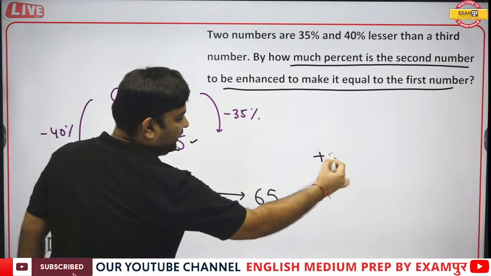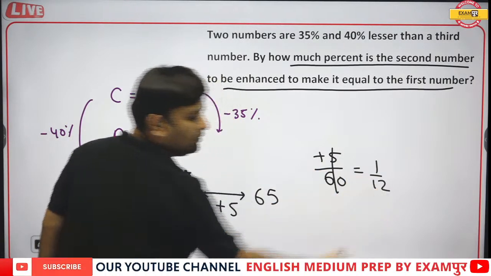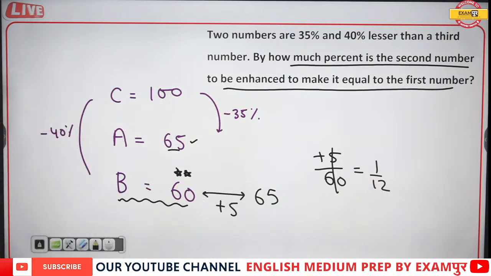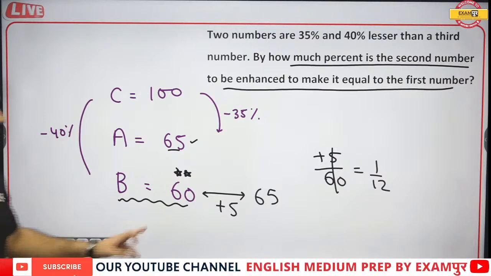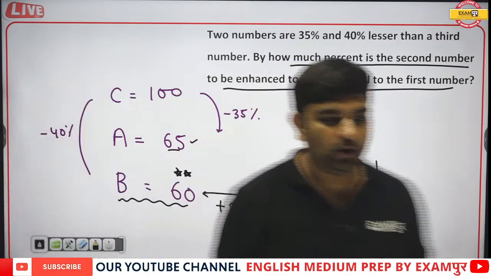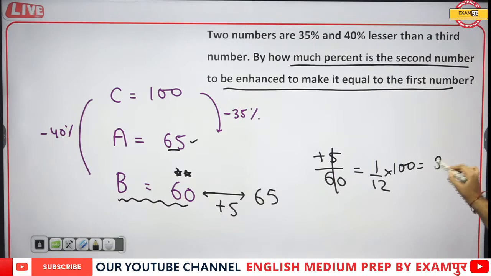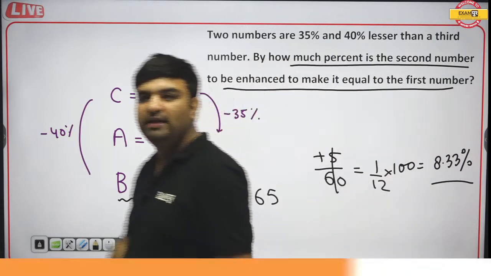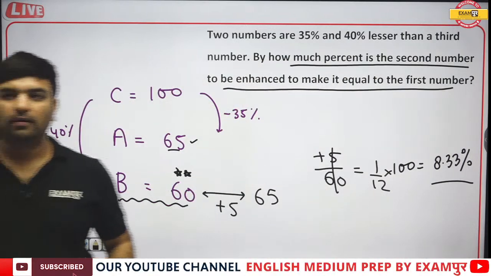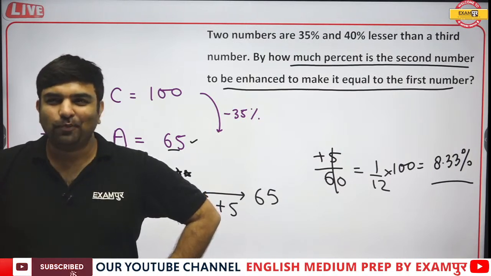The increment of 5 over 60 is 1 by 12. Convert 1 by 12 into percentage. It's 8.33%. Why have some of the good students also marked it wrong?